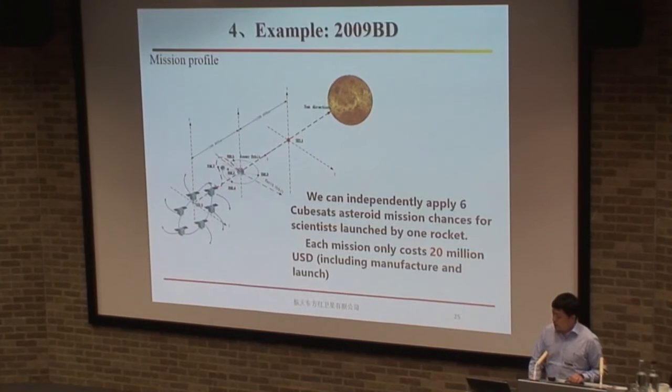So we can independently apply the 6 cubesats asteroid mission teams for scientists, launched by one rocket. And each mission, according to our calculation, only costs $20 million. This is including manufacture and launch.